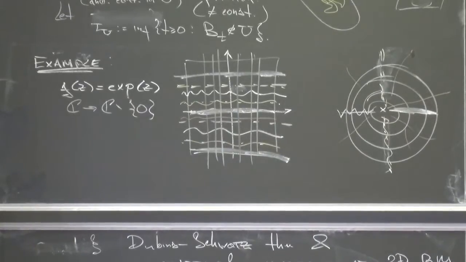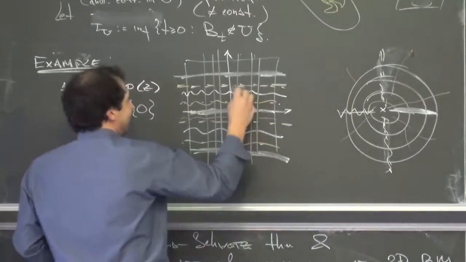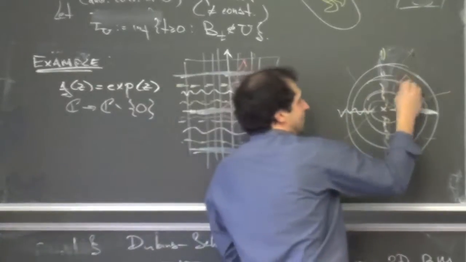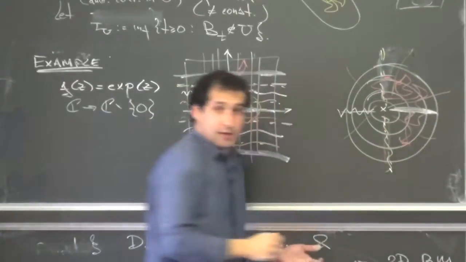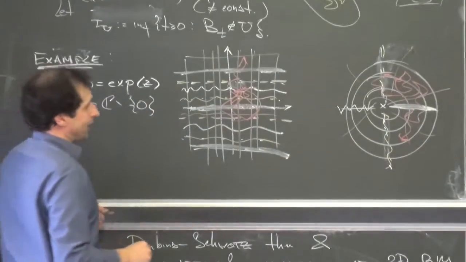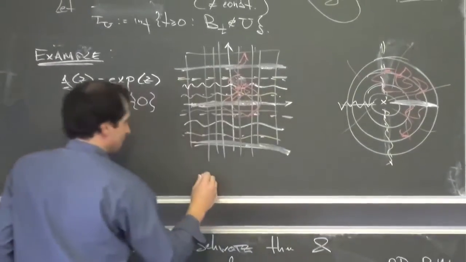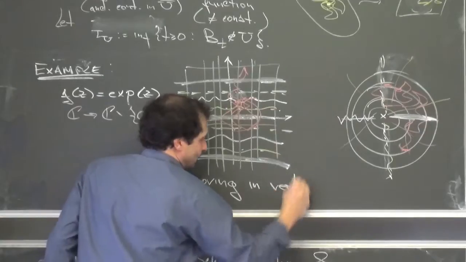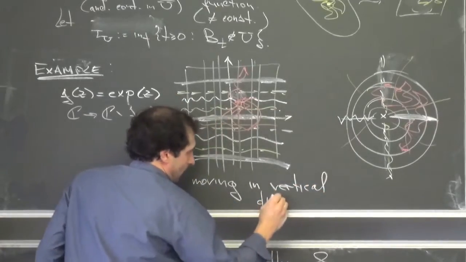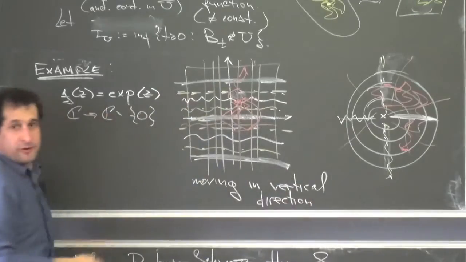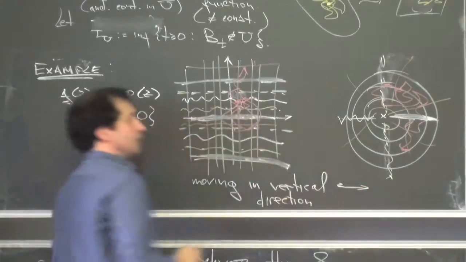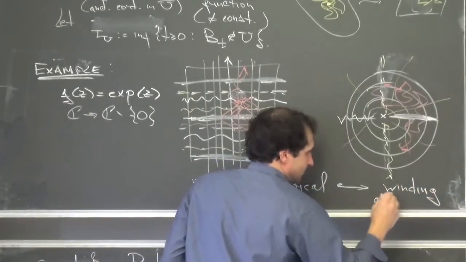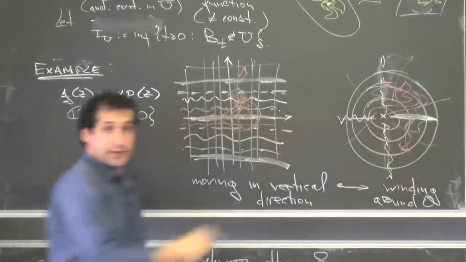What can we now say from the conformal invariance? Imagine we have Brownian motion on the left. So it's again a Brownian motion trajectory on the right. The claim is that moving in the vertical direction here corresponds exactly to winding around 0 there, right?